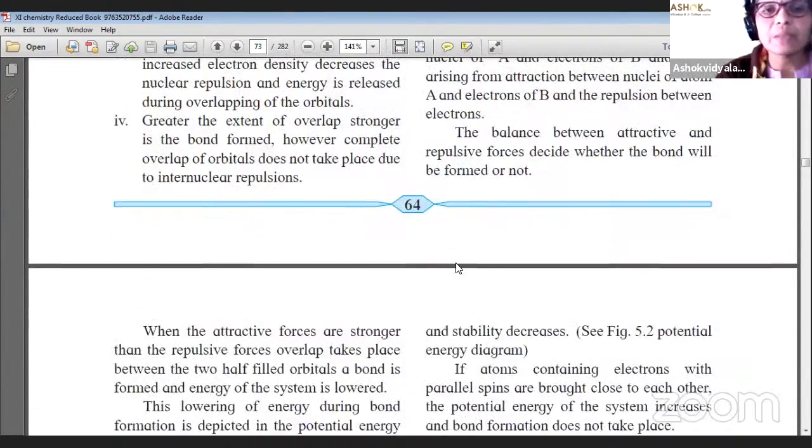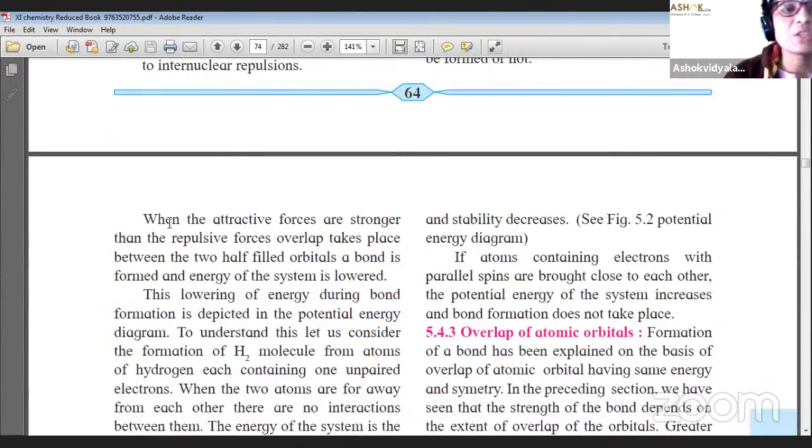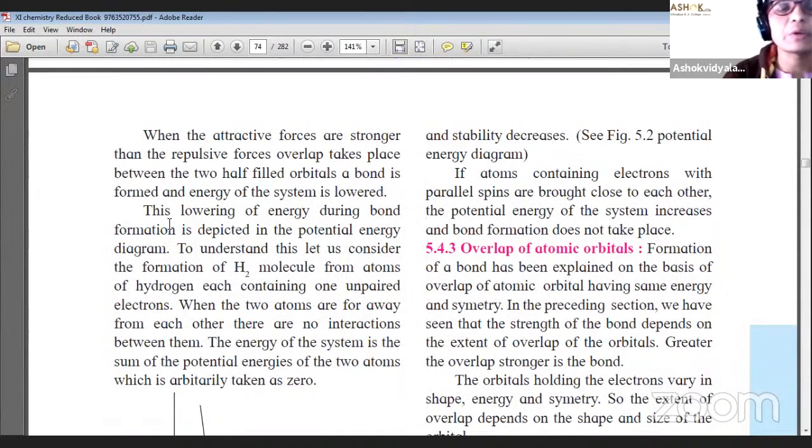We'll continue the same. See page number 65, you can refer to your textbook. When the attractive forces are stronger than the repulsive forces, then overlapping takes place between the two half-filled atomic orbitals, and the covalent bond is formed.